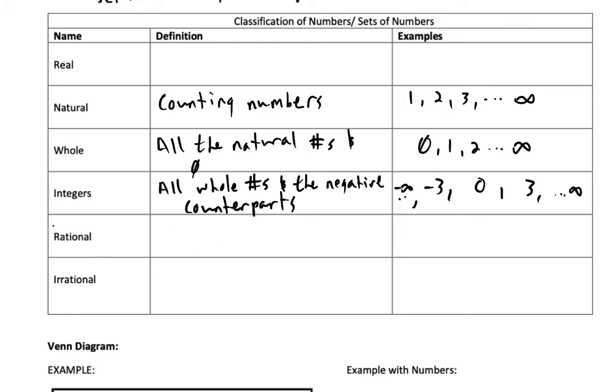Next up, we're going to go to rational numbers. What are rational numbers? They're any numbers that can be expressed as a fraction. So a number like 1/2 would be a rational number.